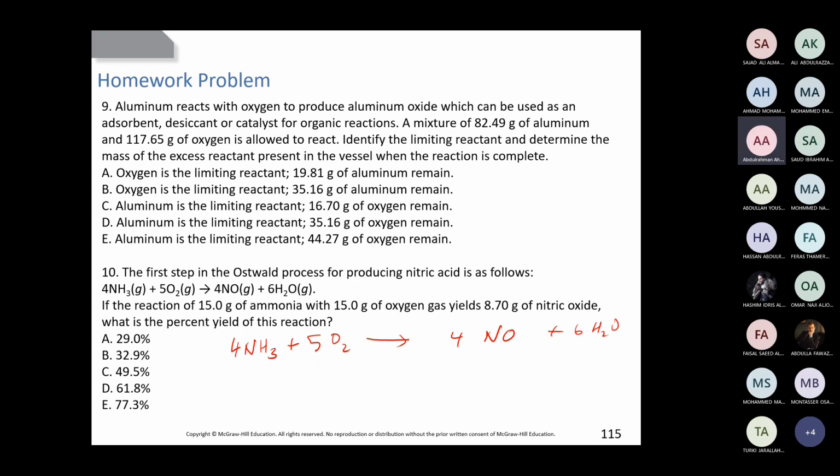I have 15 grams of this one, 15 grams of this one. Which one is the limiting reactant? Can you tell from the gram? No. What should you do first? Convert to moles.